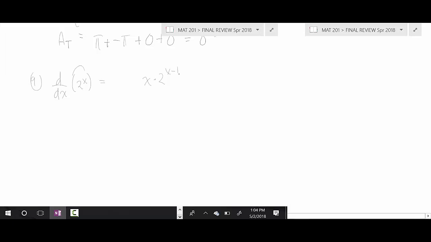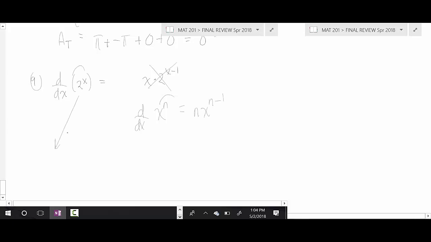No. There's a rule for this, okay? The power rule only works if you have x to the n, not something to the x. It's a totally different rule. So that's wrong to do that. If you did the derivative of x to the n, then you would bring down the n and subtract 1 from the exponent, okay?